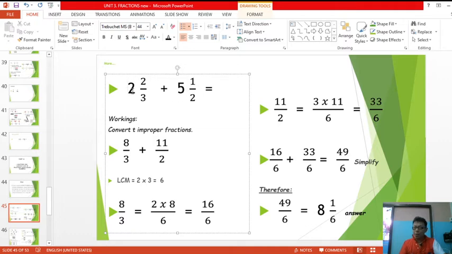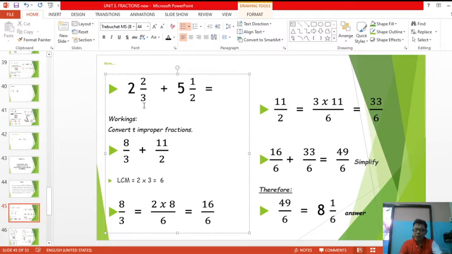Remember, when we convert to improper fractions, simply multiply the denominator with the whole number and add your numerator. If you forget this, go back to the video where we learned about converting a mixed number into an improper fraction.